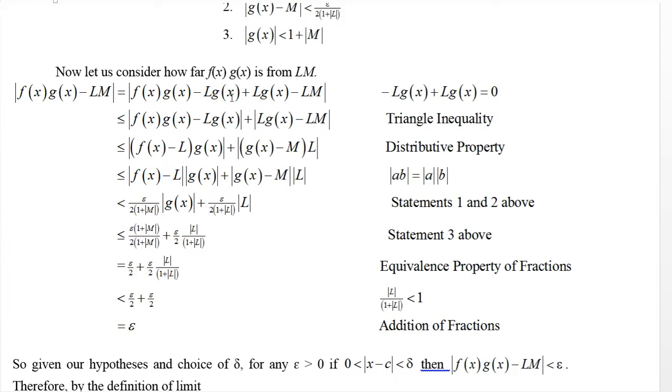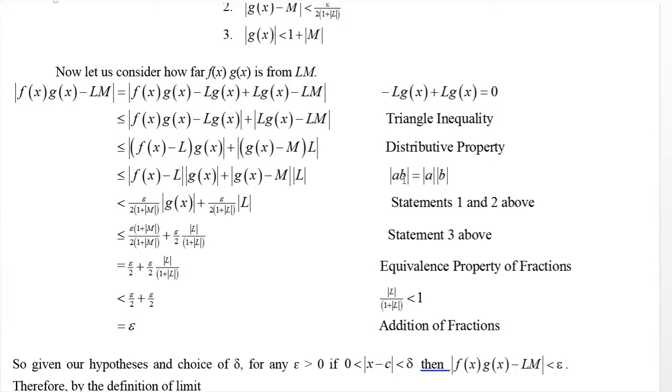Now, the second step, we're actually grouping this 2 and 2, and then applying the triangle inequality. The absolute value of the first part, which is these two terms, plus the absolute value of these two terms has to be bigger than what we started with. So what we started with is less than or equal to this by the triangle inequality. Now what we do is we do our factoring, which is a distributive property factoring here and here. Here, the second one we factor out an L, the first one we factor out a g.